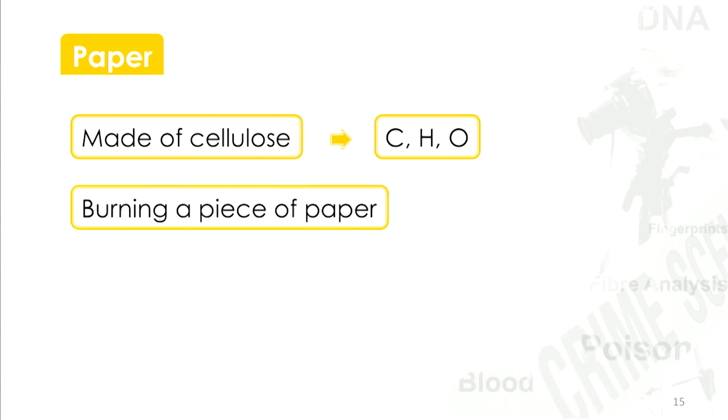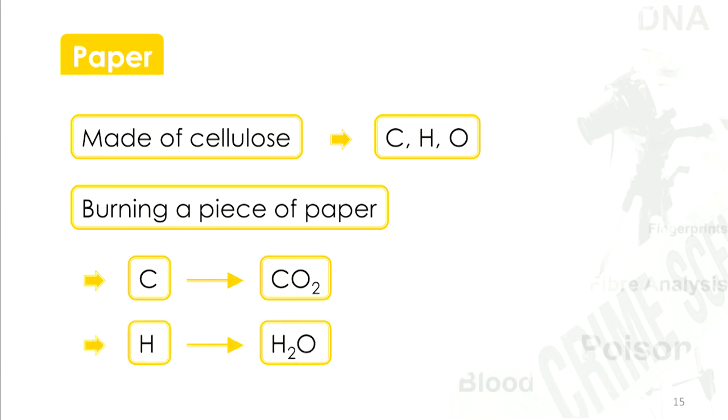Suppose I burn a piece of paper, then all the carbon of the cellulose will be converted into carbon dioxide, and all the hydrogen in the cellulose will be converted into water. But the atoms of carbon, which were in the cellulose, are still atoms of carbon, it's just they're now in carbon dioxide. And the atoms of hydrogen that were in the cellulose are still atoms of hydrogen, but they're present in water.